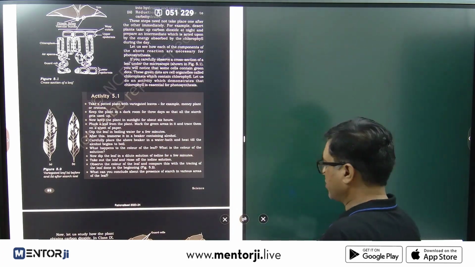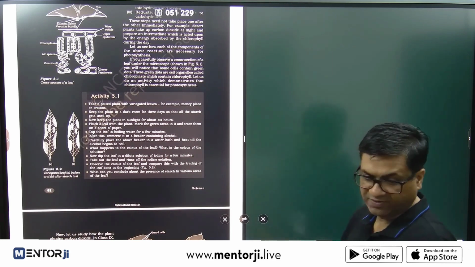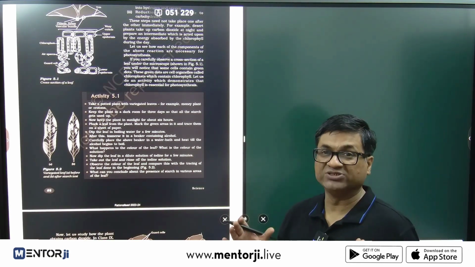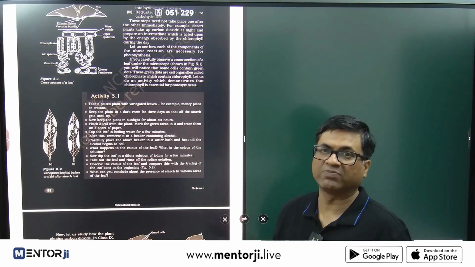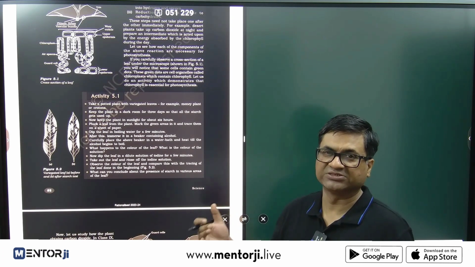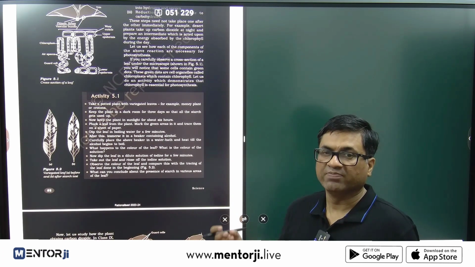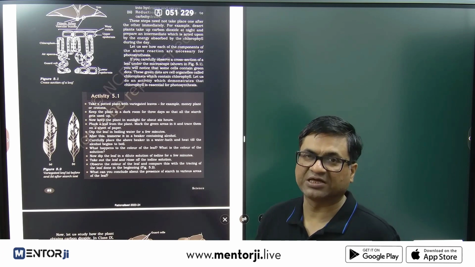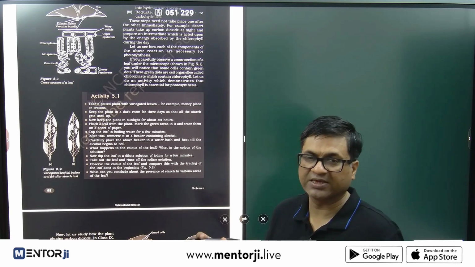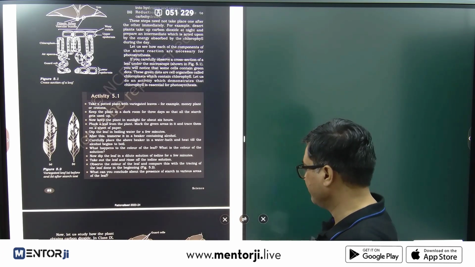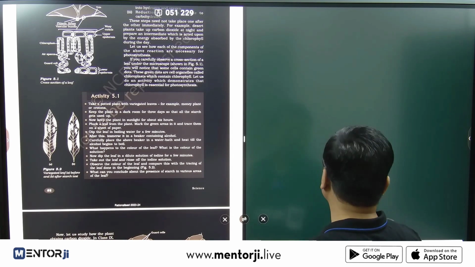Activity 5.1. For any activity, first we have to mention the aim, for what purpose we are having this activity. कि किस बेसिक ऑब्जेक्टिव के साथ हम इस एक्टिविटी को पढ़ रहे हैं, क्यों पढ़ना चाह रहे हैं हम इस एक्टिविटी को. So let's focus on that.